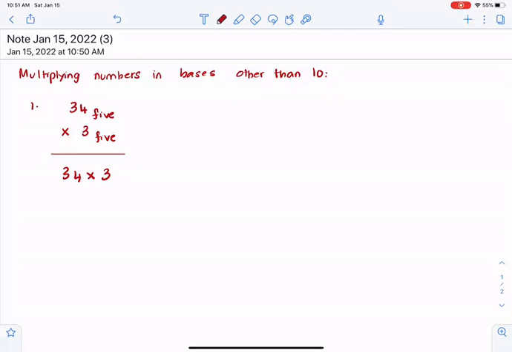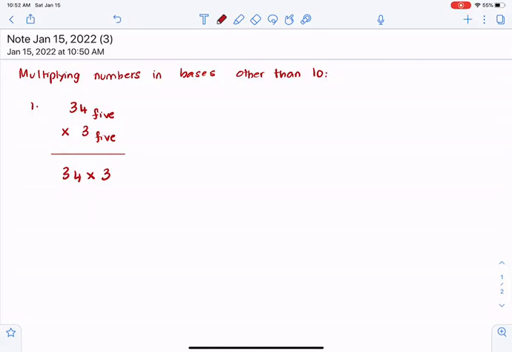But we know that we can't exceed a certain value because it's base 5. So 4 times 3 is 12, but 12 is not in base 5. So we could always do a base 5 table. And we can recognize that 12 is simply 2, 2 in base 5.